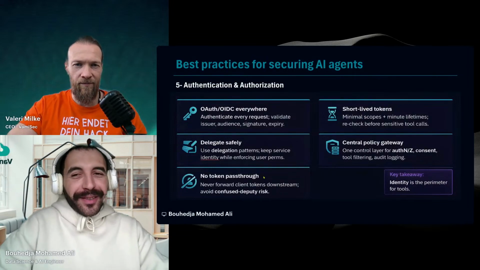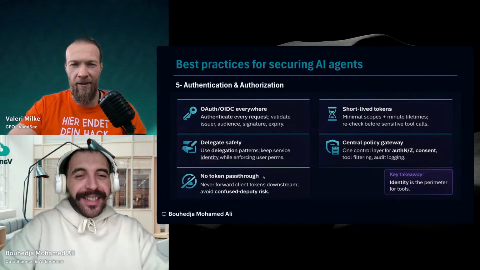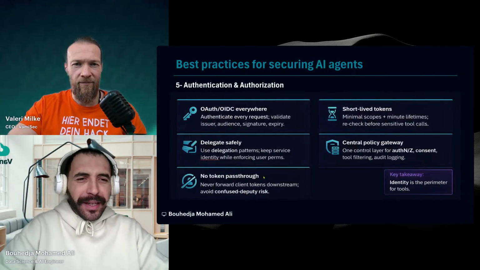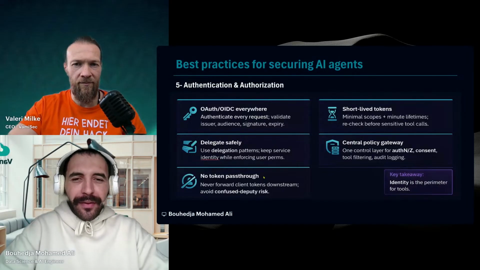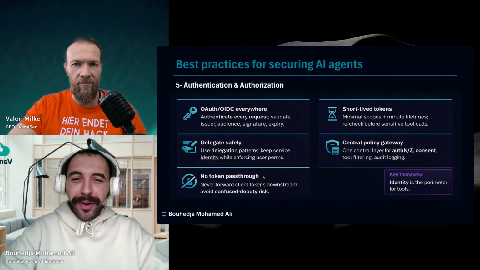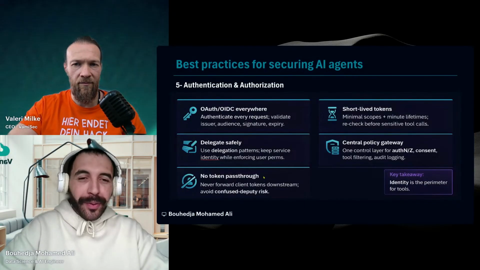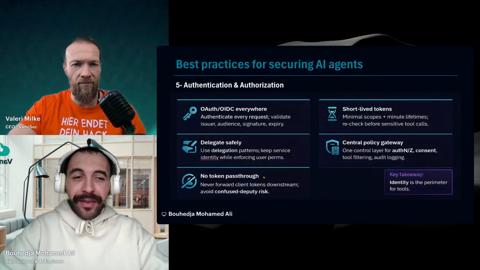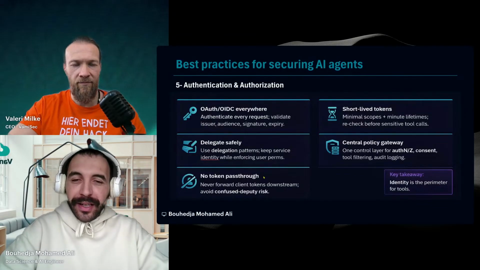Moving to our fifth best practice, authentication and authorization. Basically, here we ensure that the agent and its tools only do what they're allowed to do. Here we have five key points. First, we use OAuth or OIDC everywhere, authenticate every request, and verify the issuer, audience, signature, and expiry. So requests are always verifiable.